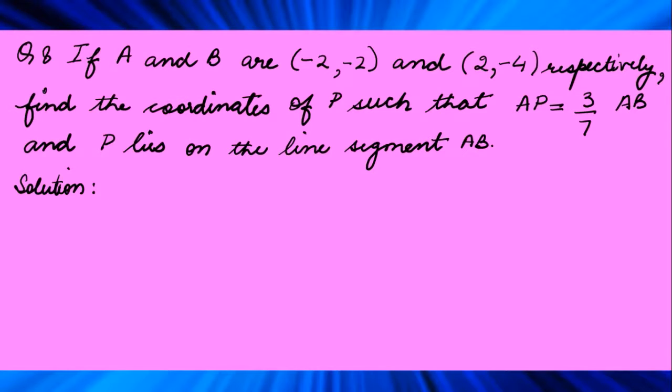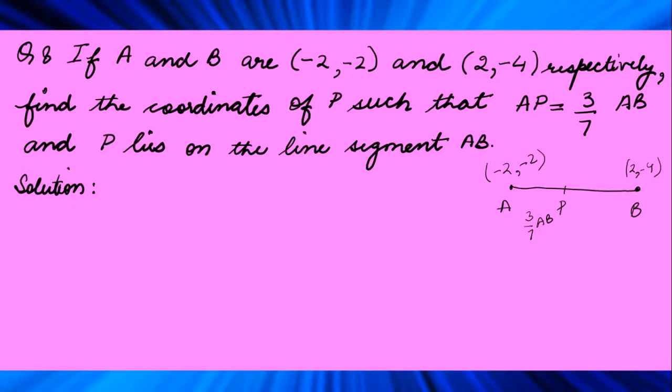Now here you are given a line segment AB, and the coordinates of point A are -2 and B is 2, -4. Let this point be P, and AP is 3 by 7 of AB. Means this portion is 3 by 7 of AB.